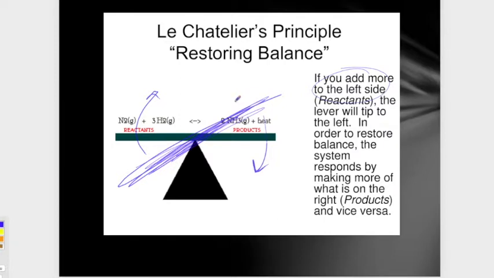So Le Chatelier's principle tells us that if we add more reactants, the reaction will shift to the right to form more products. Therefore, restoring balance, okay?